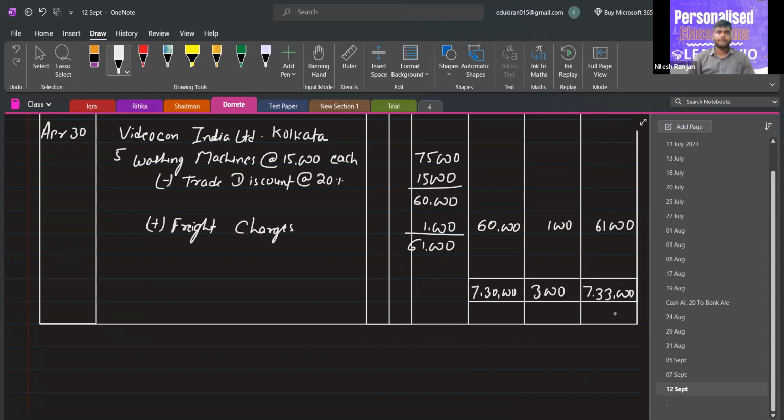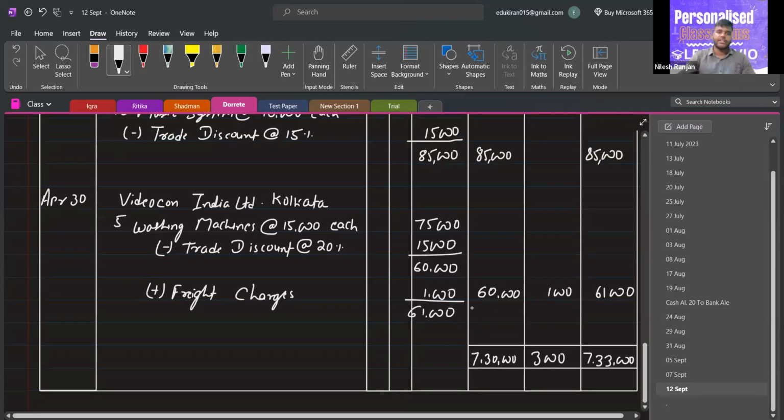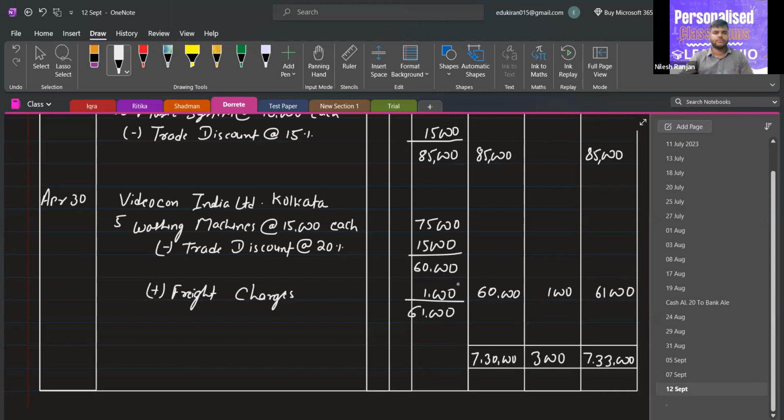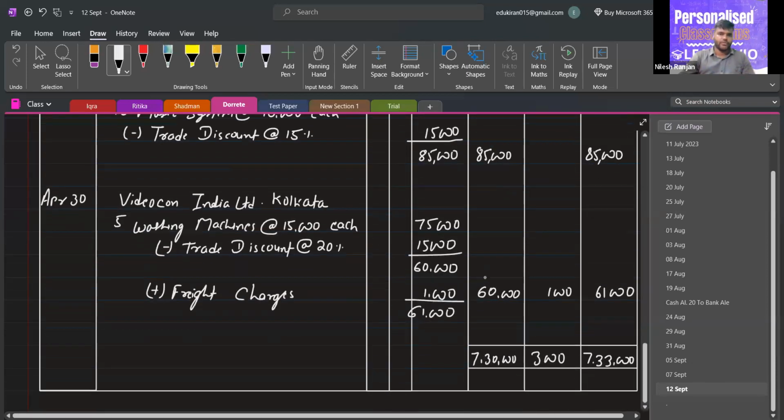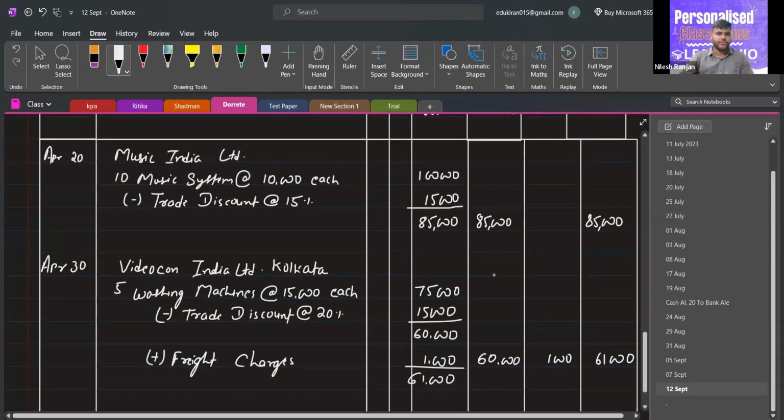Okay. Okay, sir. Sir, 1 minute, sir. I did not get the same total. Actually, if you write these items in separate columns, then you will be able to get the total that is written here: 7,30,000, 3,000, and 7,33,000. Okay, sir. Otherwise, you will not be able to total this. Okay, sir. You want to take a screenshot?